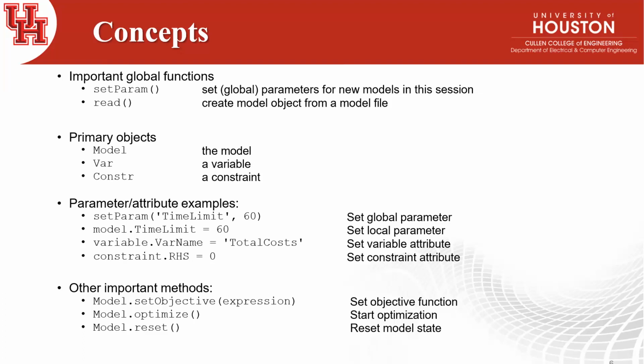With each model we can set the objective function, and by using optimize we can solve the whole model, and it will return a good solution. We can also reset the model to the initial state and try it again.